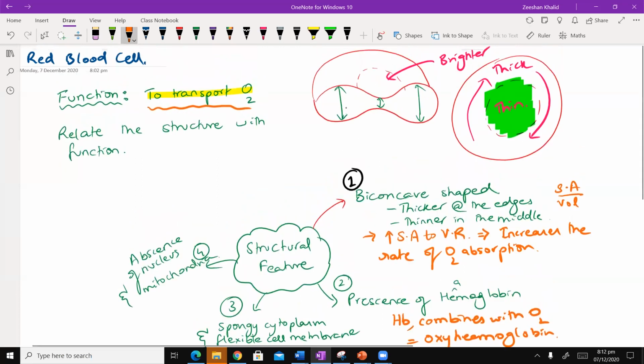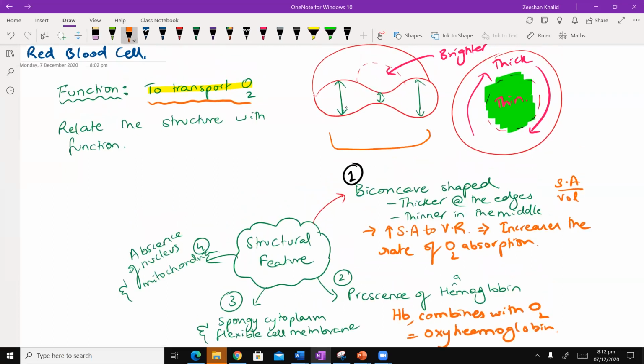If the red blood cell would not have been biconcave, for example, if the shape were like this, so this is not biconcave, and oxygen was being absorbed in 5 minutes in the cell, then being biconcave actually reduces the time. Minutes is too far-fetched. It's actually seconds, or even milliseconds, but the point is we don't need to know the time. We're just trying to make sense.